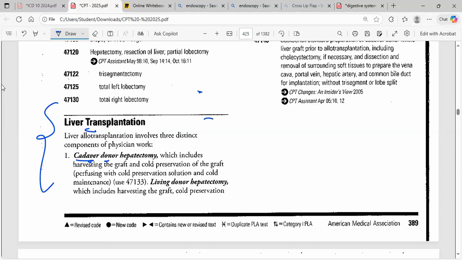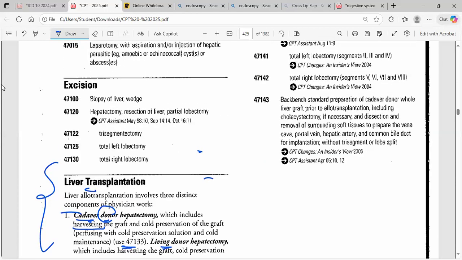We have to identify the donor and harvest the graft from the donor's body. So our first step is harvesting of the organ or cold preservation of the organ from the donor's body. If it is a cadaver, meaning non-living, we have to use 47133. If it is living, we have 47140 for the living one.